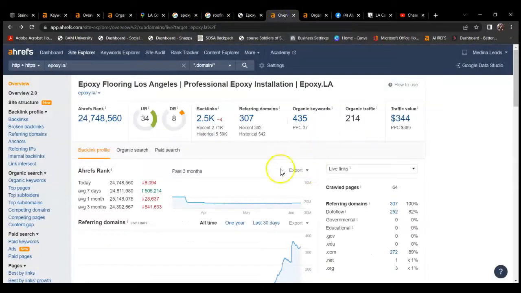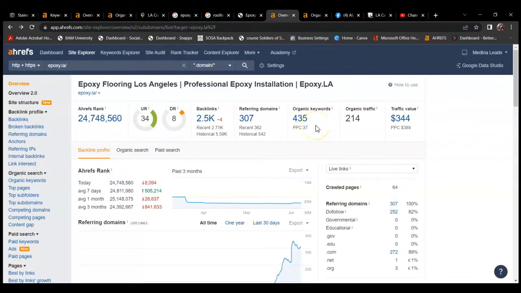If we plug them in, they're in the 30s for UR. DR is at an 8, not at a 1-to-1 ratio. They have 2.5 thousand backlinks, and I can probably guarantee you that not all of those are good quality ones. They have 307 referring domains and an organic keyword count of 435. That's how much they're ranking for.